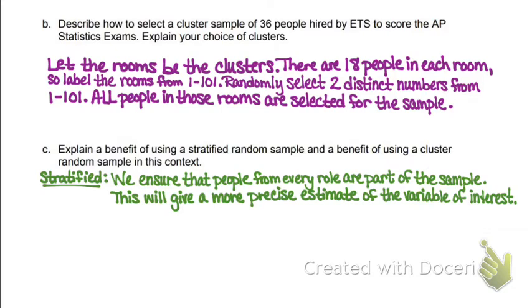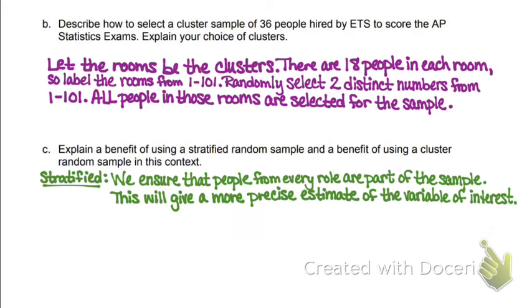We put all their names in a hat. We draw 12 names out. We do the same with our table leaders and the same with the other leadership. And then around lunchtime, we're trying to collect our sample because now we know who's going to be in it. You're going to be running all over the place. We've got 101 different rooms. You could have to go to all 101 of those rooms, potentially.